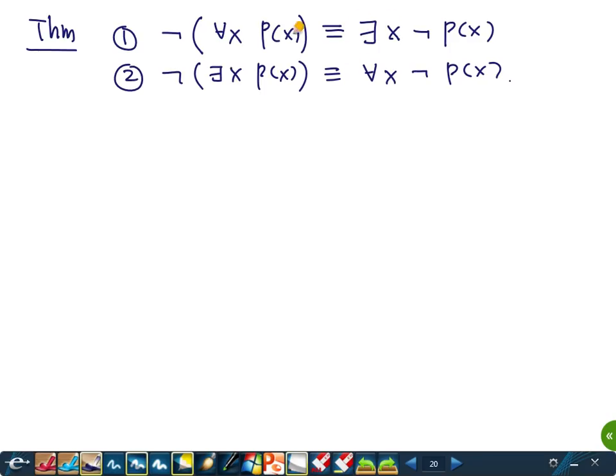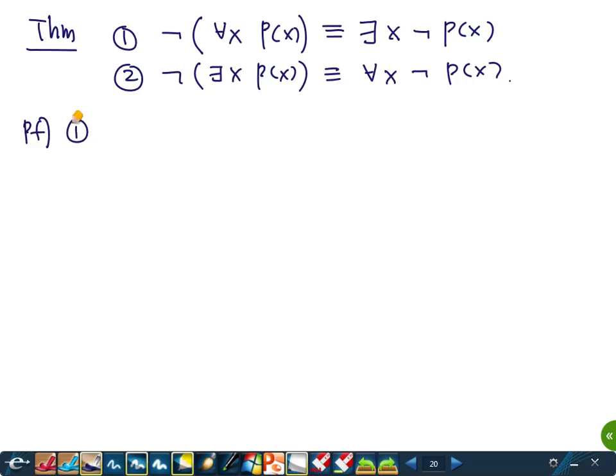These two are equivalent. What this means is that it is not true that for all x, p of x. And the correct way to rephrase this is to say there exists x such that p of x is not true. Something like that. Let me prove this.